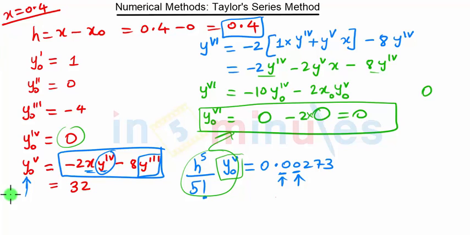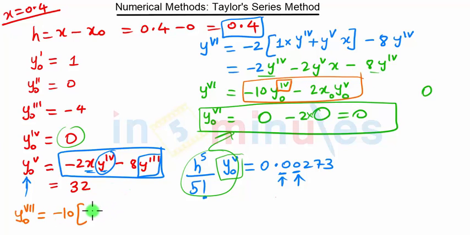So calculating the 7th derivative, that is taking the derivative of this term. So minus 10, here we have 4th derivative. When we again take the derivative, it will be 5th derivative, minus 2, derivative of x into y of 5. Here we apply u into v rule. So derivative of x is 1, y fifth derivative remains as it is, plus we take the derivative of fifth derivative, so it will become 6th derivative and x remains as it is.